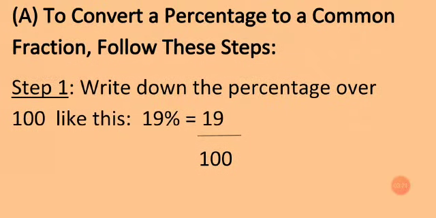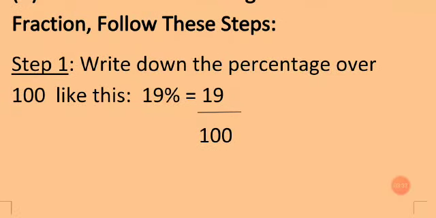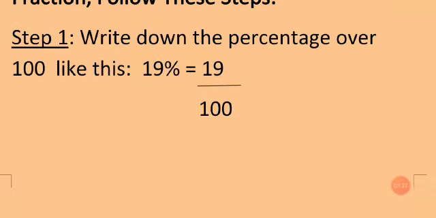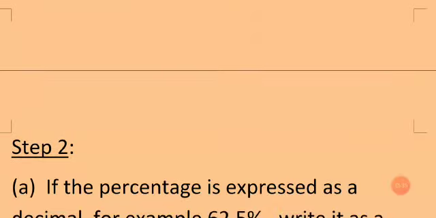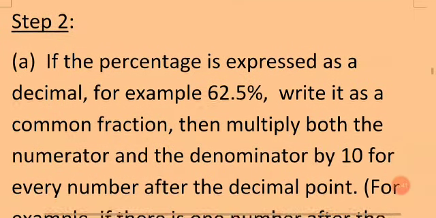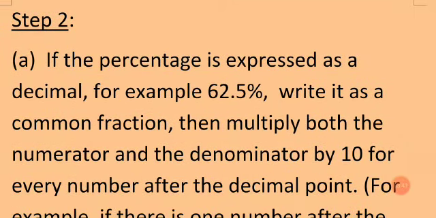When you have a presentation like 19% to be converted to a common fraction, you just have to remember that percentage means out of 100. So 19% is 19 out of 100, which equals 19 over 100. That is very simple from our previous lessons.